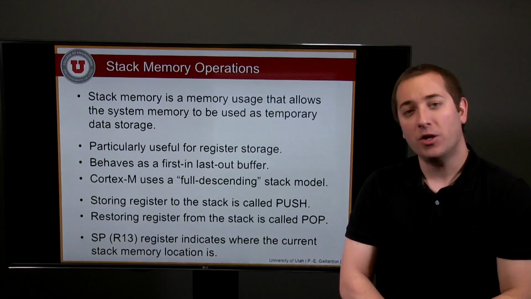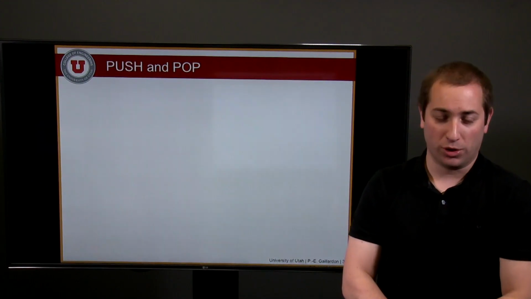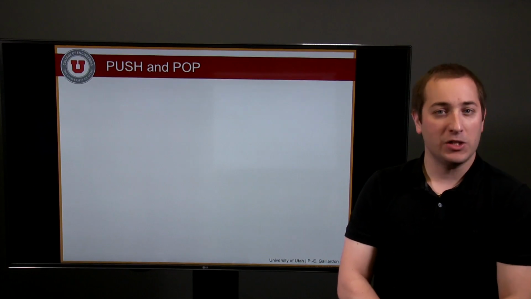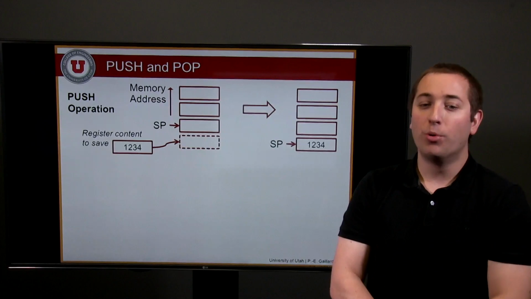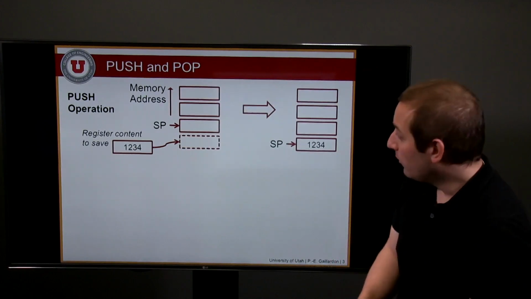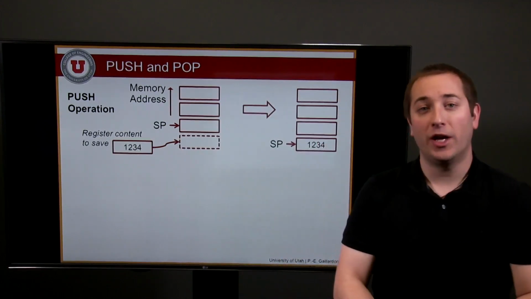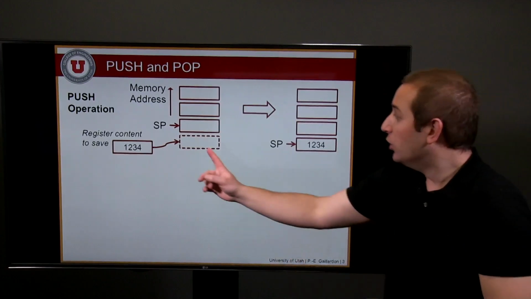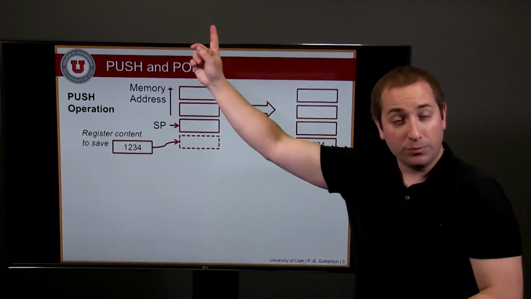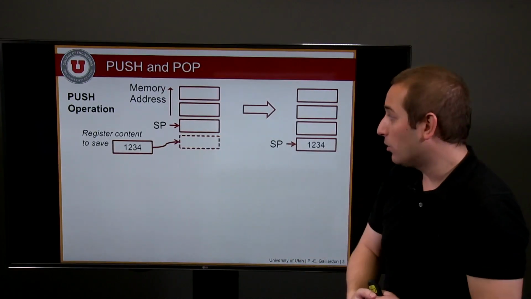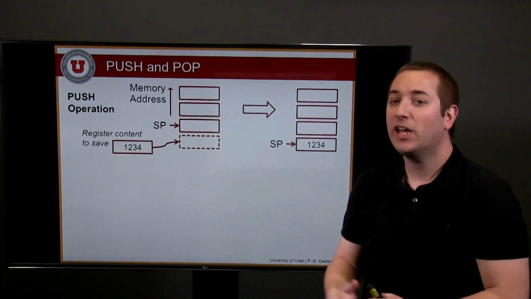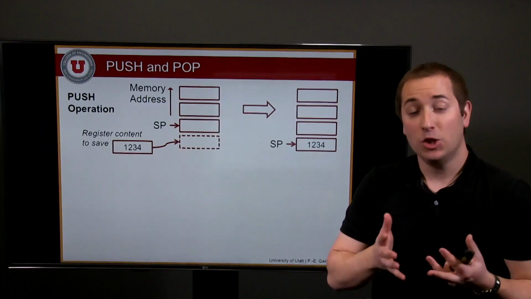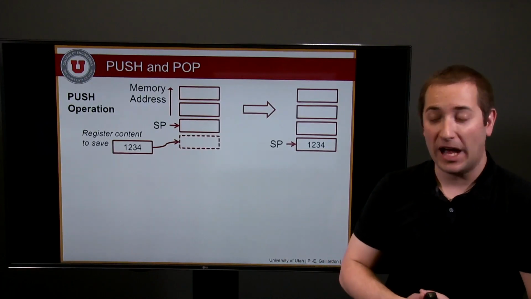Now, how does this push and pop operation work? Let us look at the mechanism of storing a register through a push operation. So first of all, here's a register that we want to save. The memory address is going up, as this is our memory address space, and the stack pointer points to this location, which is the last used location on our stack.